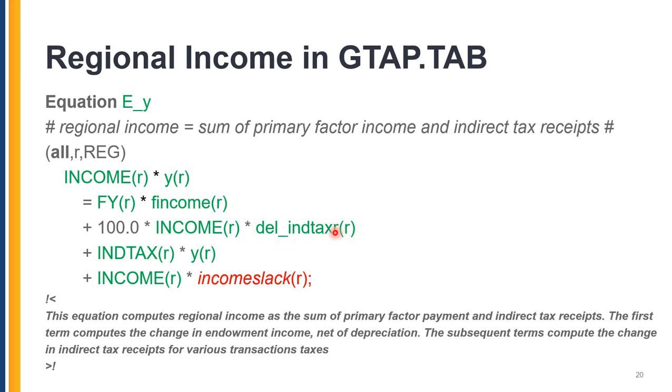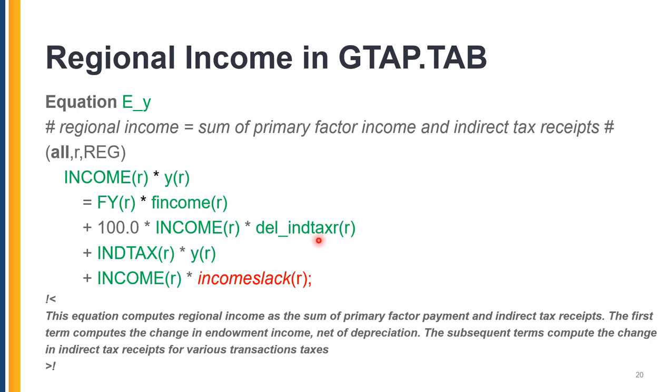Indirect tax receipts, as a percentage change variable, we might be concerned that we switch from being net positive to net negative. And so we're putting a percentage change on that, we may not have the right look of what we want.